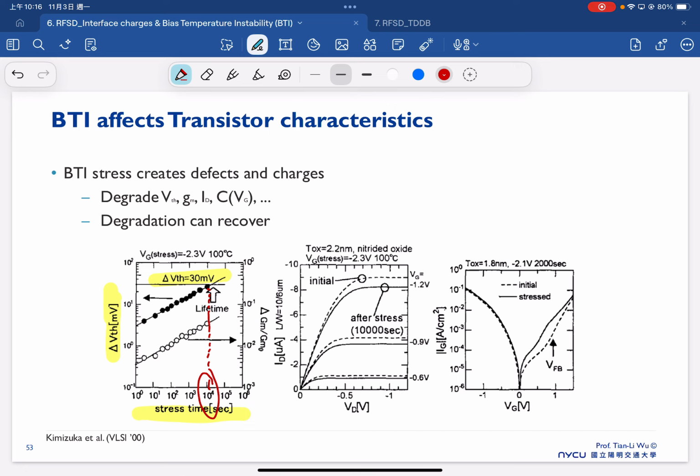And in the middle graph is another example, where we apply positive stress for 10,000 seconds, and then we see drain current degradation, and also after stress we see the gate current increase here.